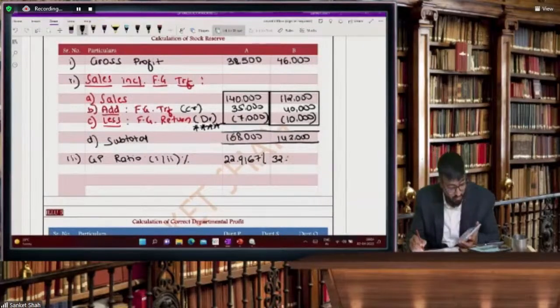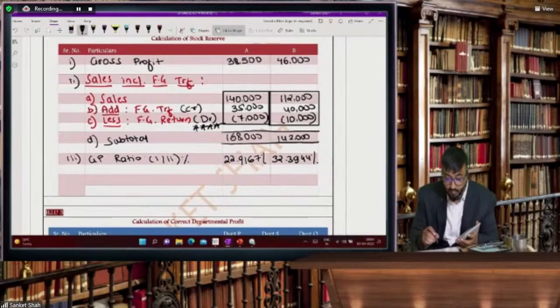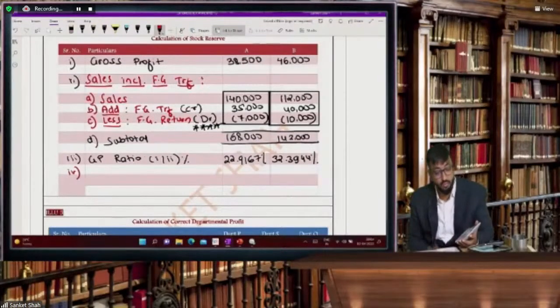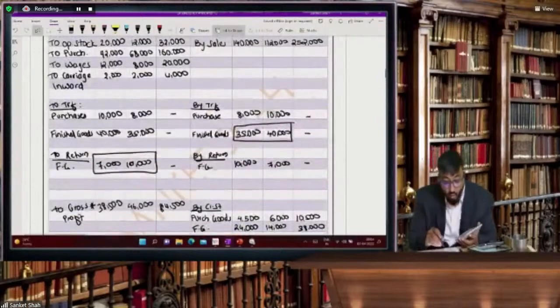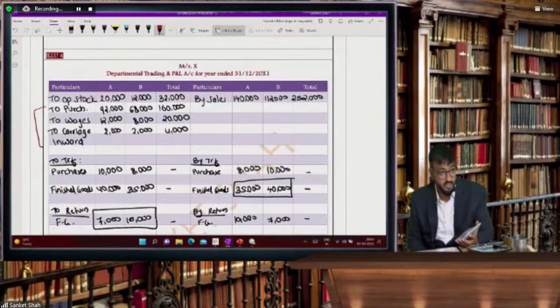कुछ व्यत्यय बीच में आ रहे हैं. 32.3944. बेटा, whether full closing stock, see here, you have own cost also, own purchase, own wages, own carriage inward.